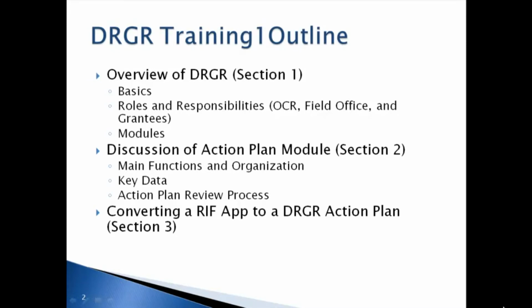Be sure the grantee's organization has completed the grantee new user request form, which was sent to you in earlier emails. Also, you as grantees should consult your assigned HUD field office contact for any questions you may have in getting access to DRGR.